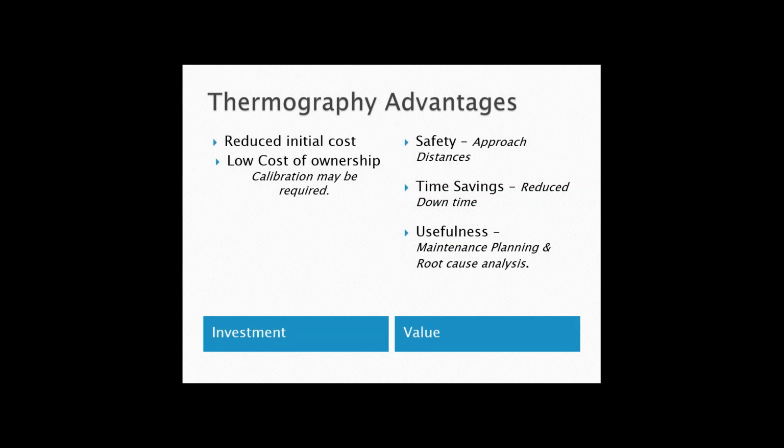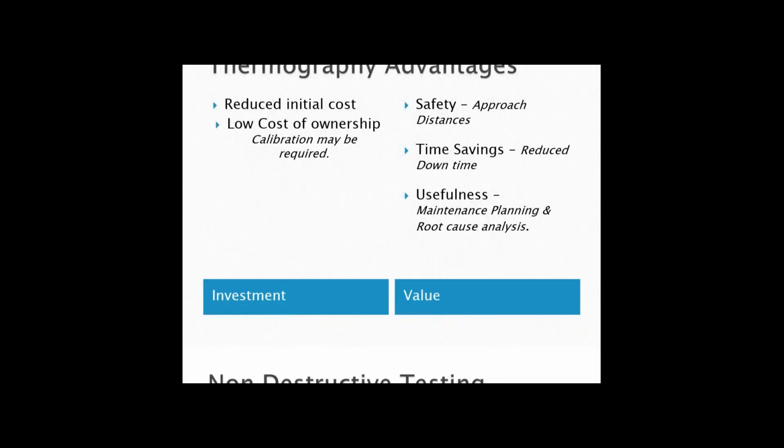What value would you get out of purchasing a camera or using this technology or science? Well, safety, approach distances, time savings by reducing your downtime for equipment, and then usefulness. You can use this technology or science to help you create maintenance programs or even to find a root cause of a particular problem.